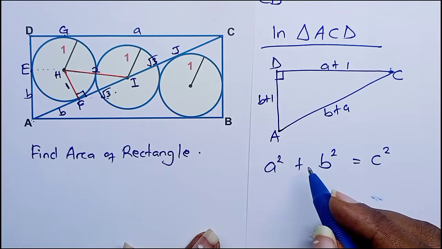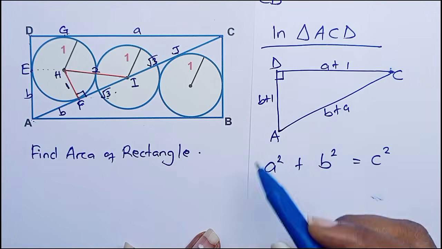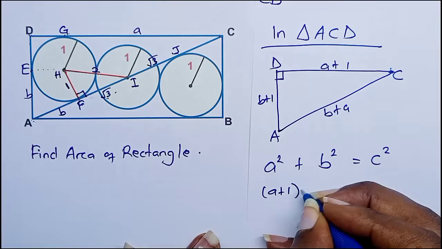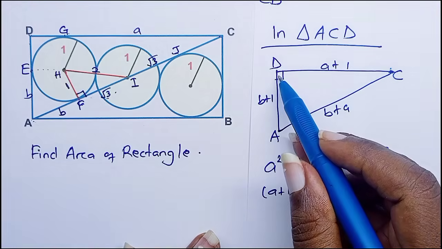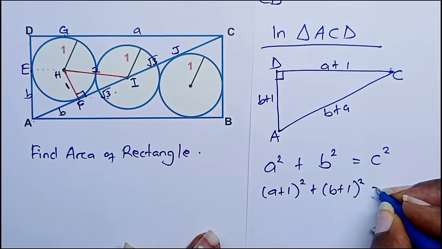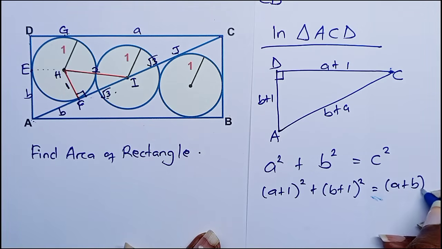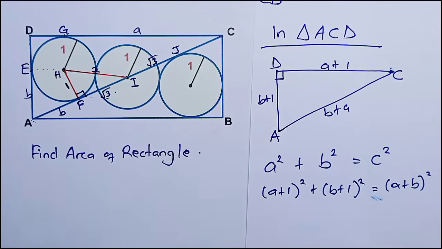Our A is A plus 1, so A plus 1 squared plus our B is B plus 1, so B plus 1 squared is equal to our C, which is A plus B or B plus A, so A plus B squared.